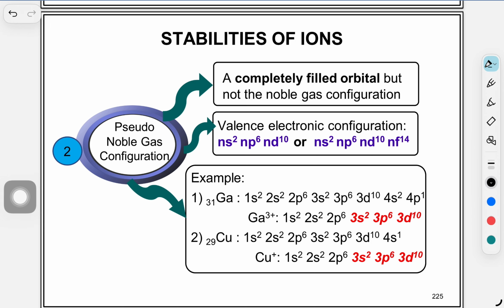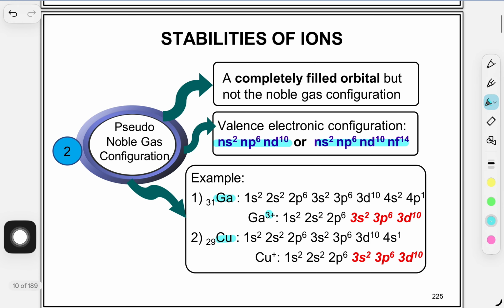So for pseudo-noble gas configuration, you can narrow down your options to focus on transition elements, transition metals. So transition elements, as we know, involve the d orbitals.